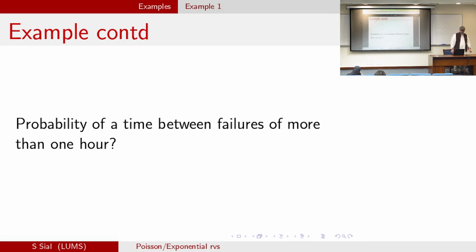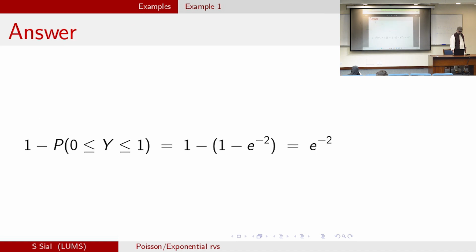How would you work out the probability of there being more than 1 hour between failures? You could take 1 minus the probability we just found, and that would be e to the minus 2. Any questions so far?